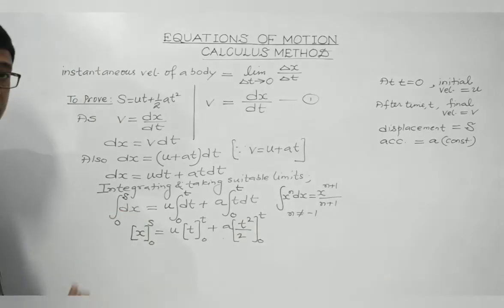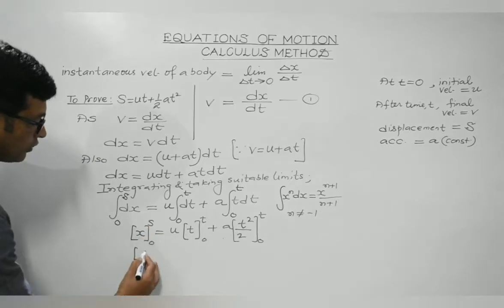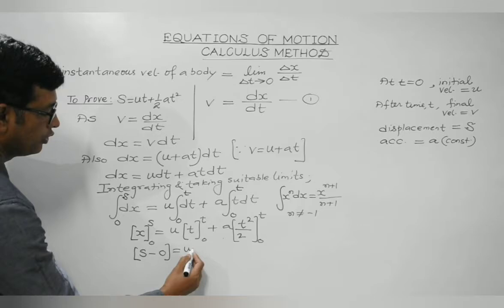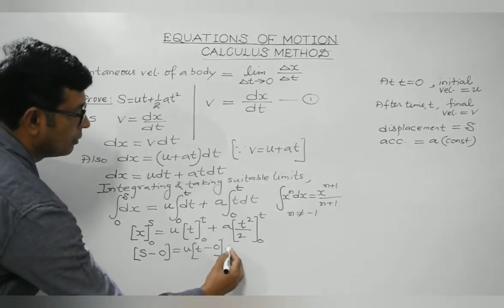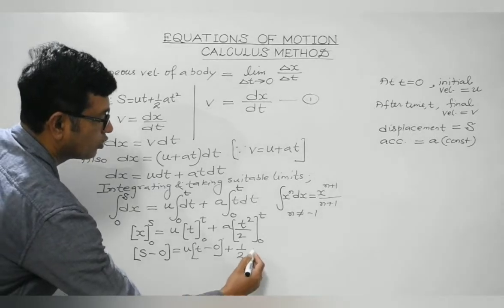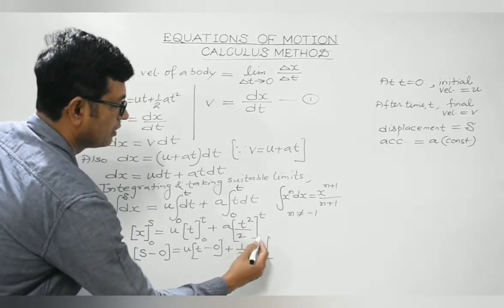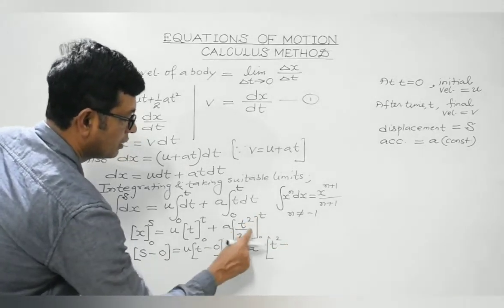Now let's solve it. Upper limit minus lower limit. So what do you get? In place of x, we will write s minus lower limit, that is 0, equals u, upper limit t minus lower limit, plus half a can be taken outside, what we get is upper limit t square minus lower limit.